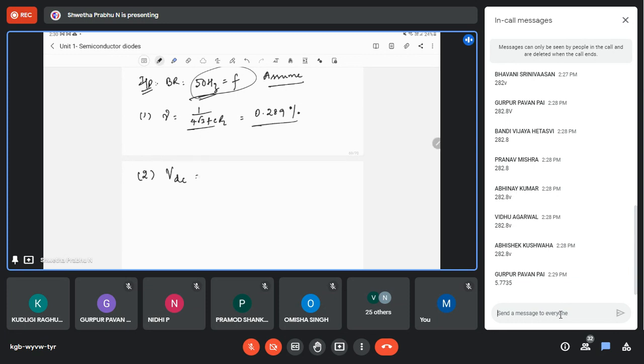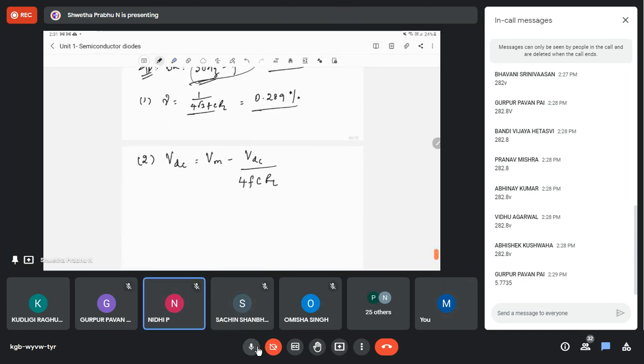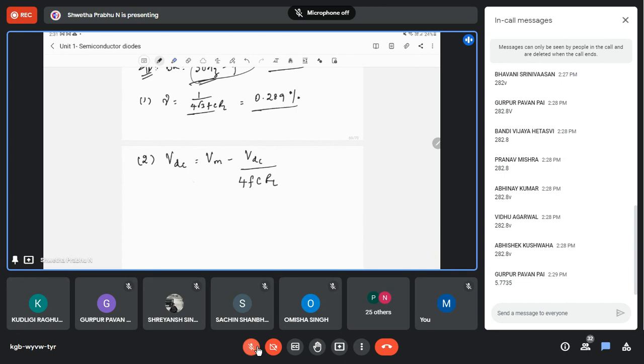So what you can do is use the last equation which I gave, that is Vm minus VDC divided by 4FCRL. Correct? Guys, did you understand? Yes, ma'am. Okay. This term, you can shift it towards LHS, that is VDC plus VDC divided by 4FCRL equals Vm.